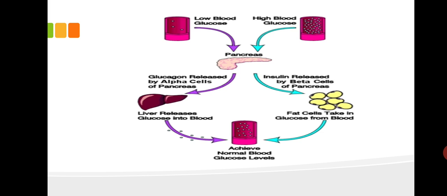At the time of low blood glucose in the blood, the pancreas secretes glucagon from the alpha cells. The liver releases glucose into the blood to achieve normal blood glucose level.